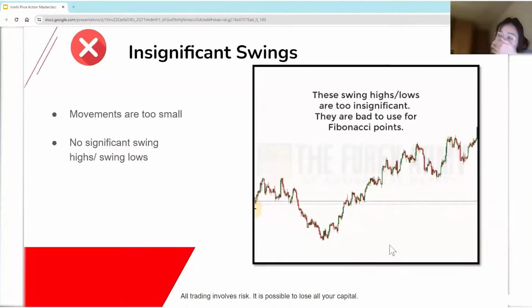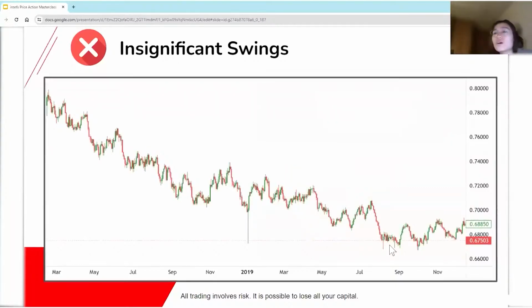Yeah, here's another example of insignificant swings. You can see there aren't really any clear patterns here. No real swing highs or swing lows.